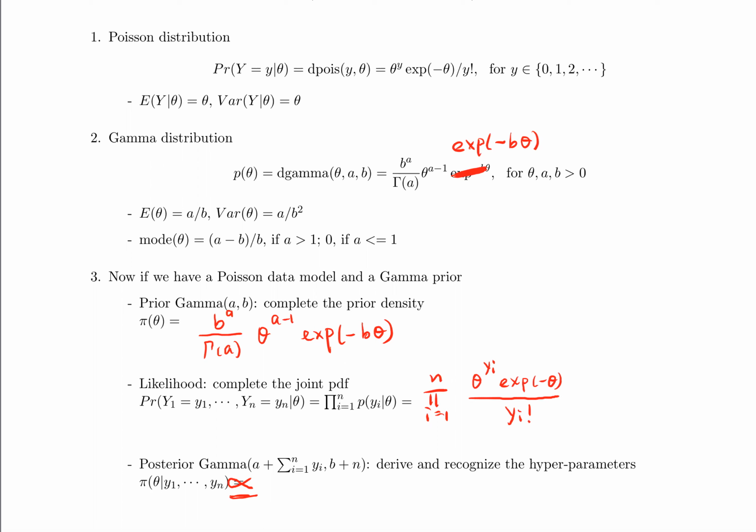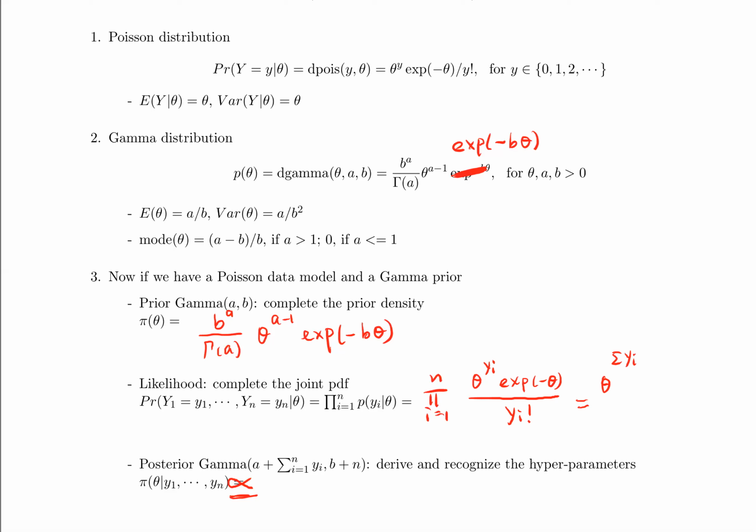This is the contribution of each of the observations. And it's a product, so we might want to simplify a little bit more before we go on. So it will be theta raised to the power of sum of yi. The product, but in the power is going to be a sum.